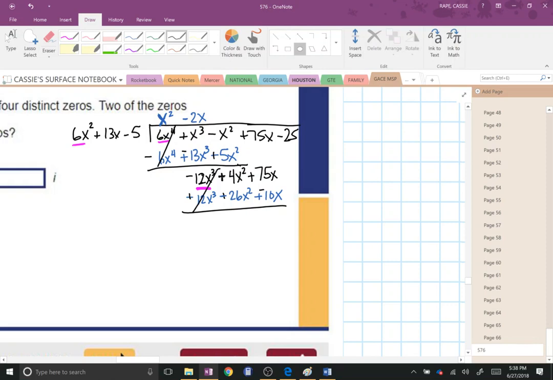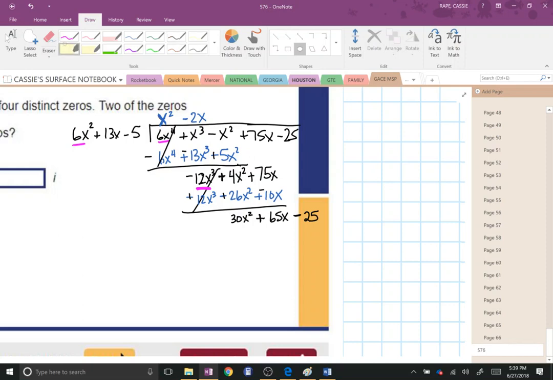And this term cancels, and you will end up with 26 plus 4 is 30x squared, and 75x minus 10x is going to be plus 65x and minus 25. Now here's where we say a prayer and hope that it all comes out correctly, because that's what we need it to do if we're going to end up using the quadratic formula.